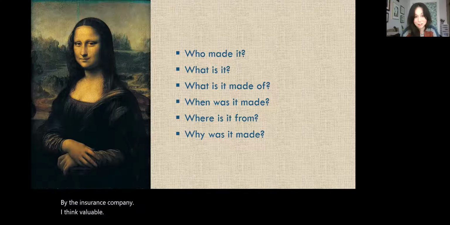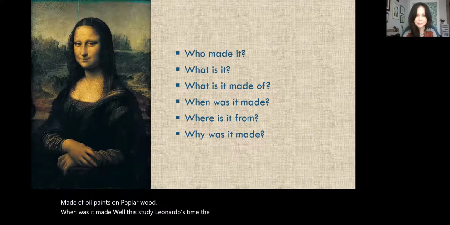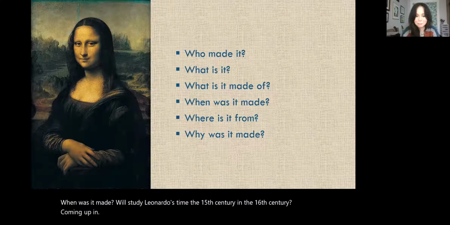It's the Mona Lisa by Leonardo da Vinci, a painting or portrait made of oil paint on poplar wood. When was it made? Well, we'll study Leonardo's time, the 15th century and the 16th century, coming up in chapters that you will soon read.